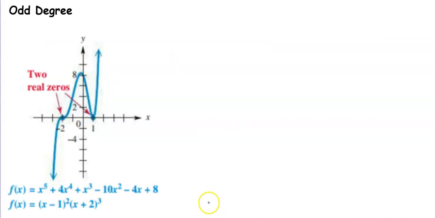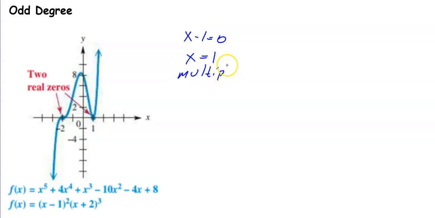And then what we have on this one is different zeros, but they have other multiplicities. So you can see that we should have a total of 5 zeros. Well, this x minus 1 is giving me 2 of those zeros. So if we know x minus 1 equals 0, x equals 1 with the multiplicity of 2.